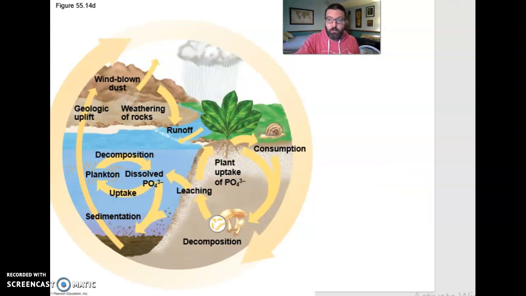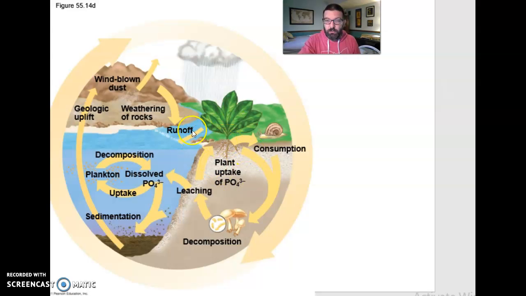Phosphate is another very, very important element, or mineral, I should say. It's the phospho in phospholipids, and the phosphate in adenosine triphosphate, and it's found in DNA, and it tends to come from rocks, and it gets made available by the weathering of rocks, right? The erosion, and that can go into soil or sometimes water, and then that's picked up by living things. So that erosion is important.